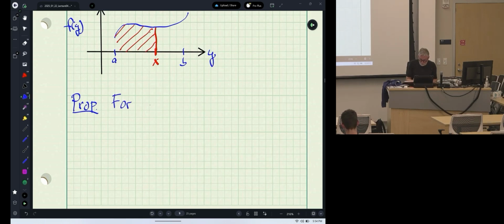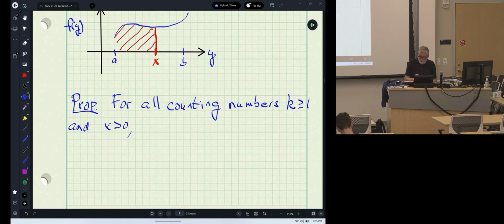Proposition: for all counting numbers k greater than or equal to 1 and x greater than 0, the integral from 0 to x of y to the power k dy, we're using y as the dummy variable, equals x to the k plus 1 over k plus 1.